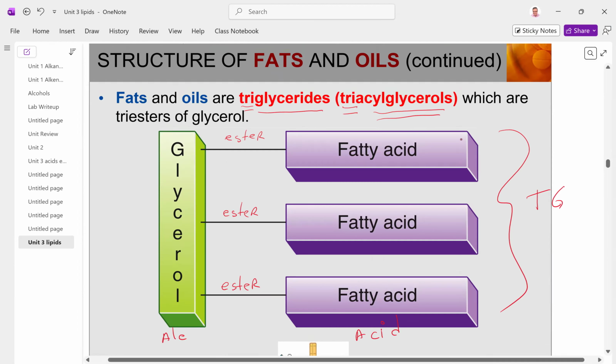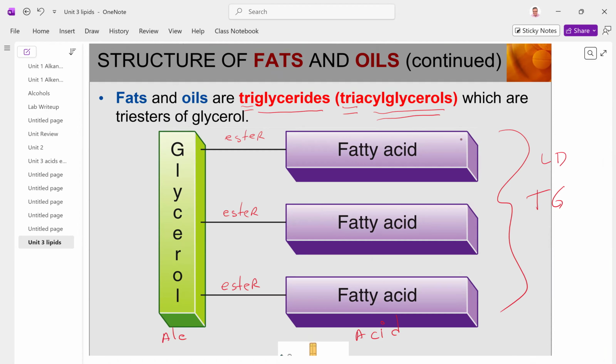And secondly, when you get your blood test, you will get low density lipoproteins and high density lipoproteins.